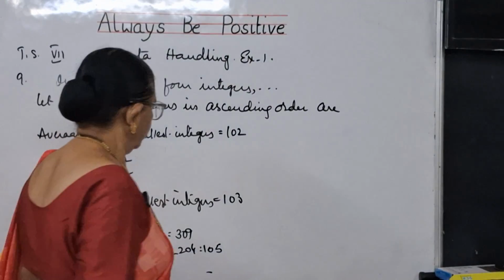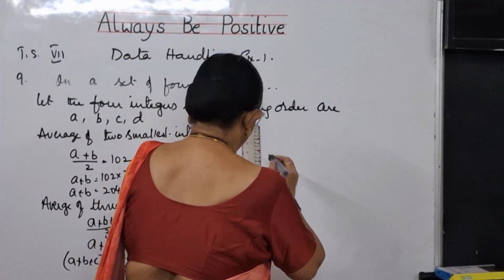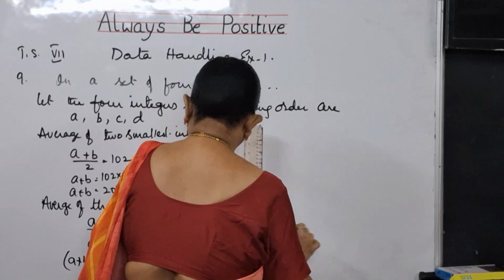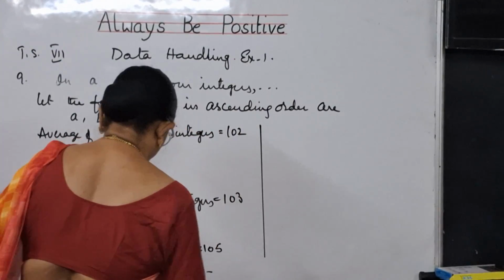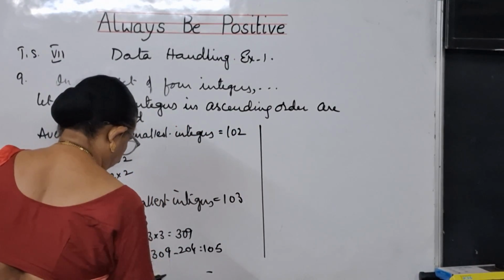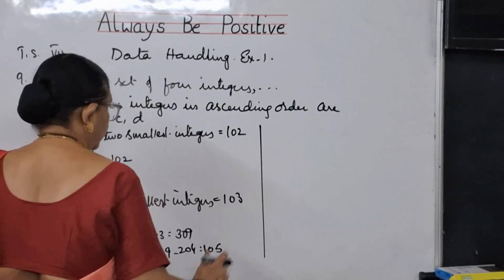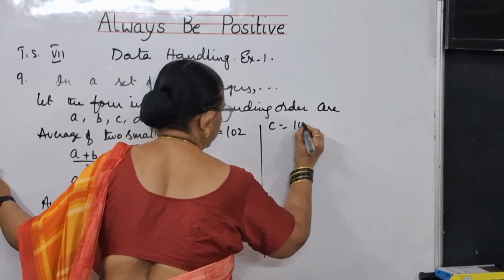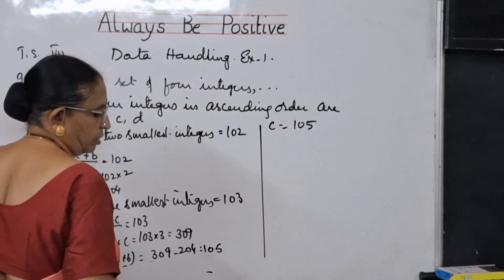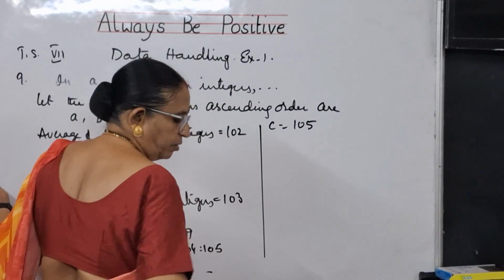Now, they have also given, I will write it here children. So C is equal to 105 you have got. Next, what did they give?